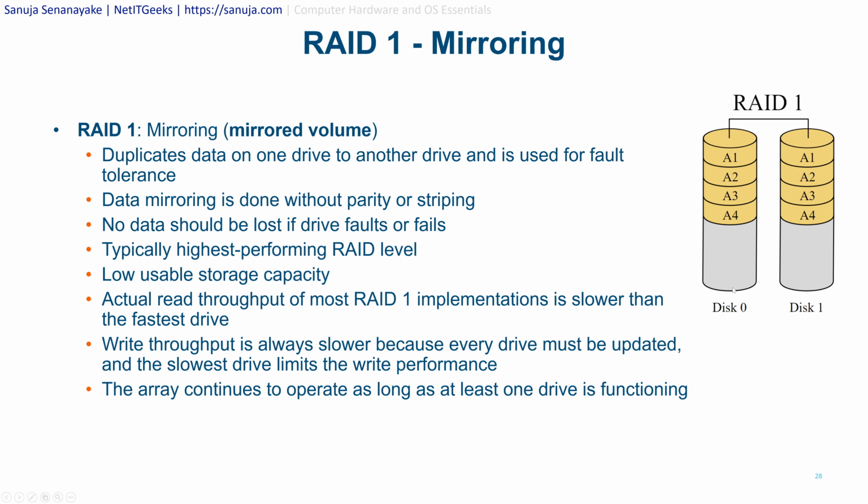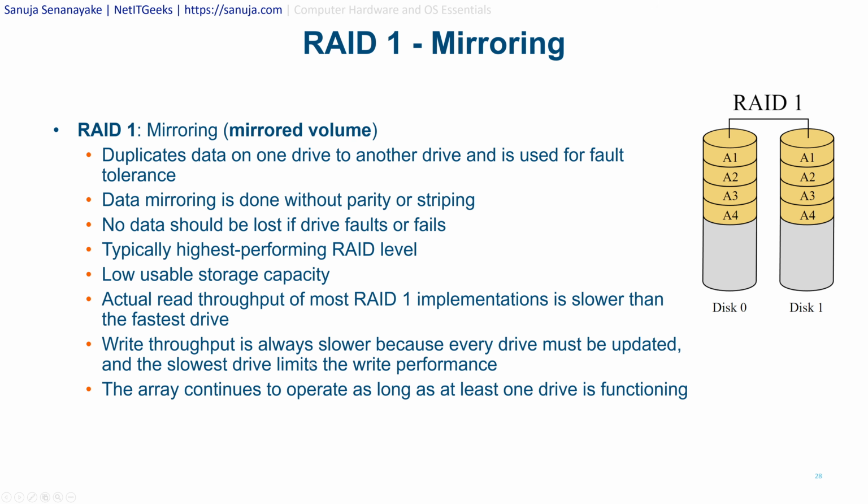Why? Because if you have a 1 terabyte disk here and a 1 terabyte disk here, RAID 1 is not going to give you 2 terabytes like RAID 0. Instead, you're still going to get just 1 terabyte. So you have 2 terabytes worth of hard drives, but you only have usable storage space of 1 terabyte. The actual read throughput of most RAID 1 implementations is also slower than the fastest drive.